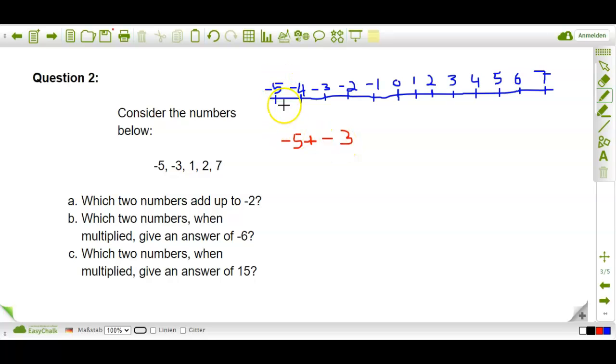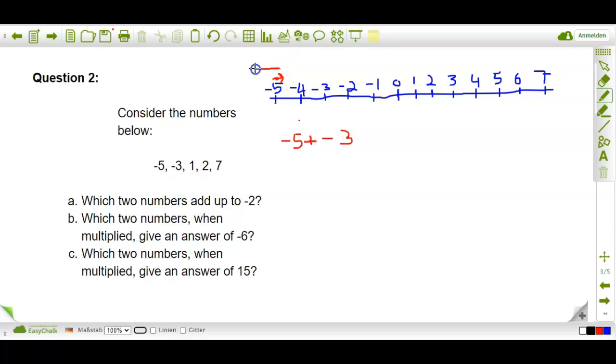Well, let's see. -5 is the first part, so we must start at -5. That's right here. And then the second part is plus, so it tells us that we have to move to the right. However, since the third part of the expression is negative, we would have to move in the reverse direction, 3 places.